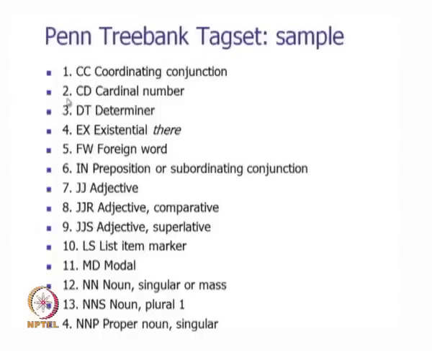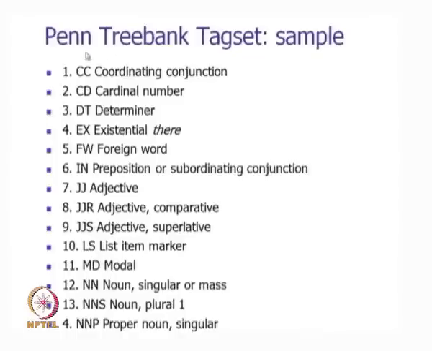CC is the coordinating conjunction, CD is a cardinal number, DT is a determiner, EX is an existential there, FW is foreign word, IN is preposition, JJ is adjective, JJR is comparative adjective, JJS is superlative adjective, LS is list item marker, MD is modal, NN is noun, NNS is plural noun, NNP is proper noun. So, a few of these tags in the Penn Tree Bank are shown here. Now, all these tags have different examples. For example, CC is the coordinating conjunction, and it can be used for entities like but, and, while, and so on.